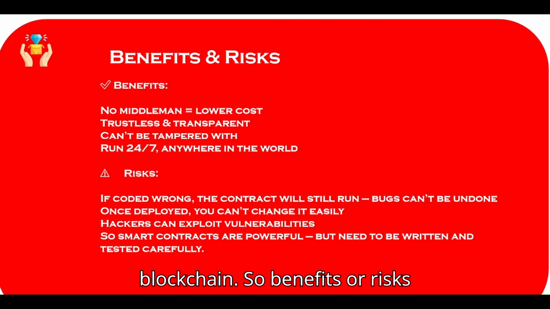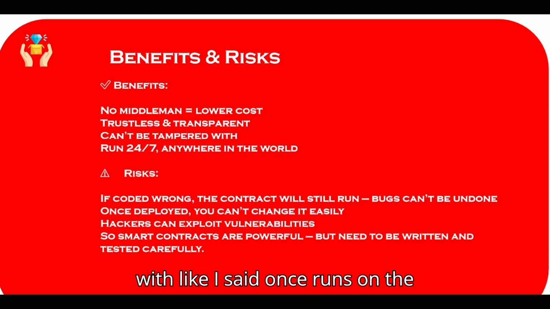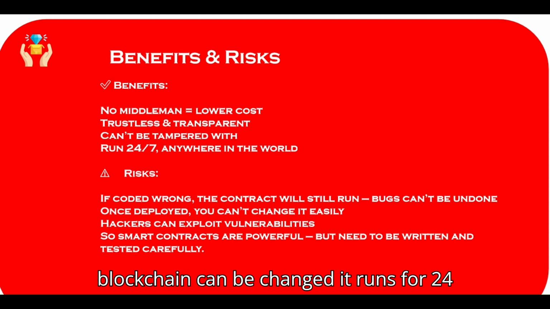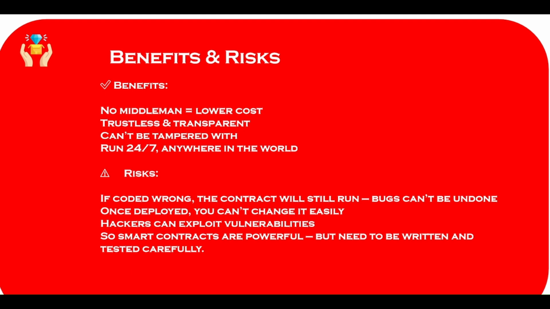So, the benefits and risks of smart contracts. Benefits: no middleman, lower cost, trustless, transparent, and can't be tampered with. Like I said, once it runs on the blockchain, it can't be changed. It runs 24 hours a day, anywhere in the world. So what are the risks?